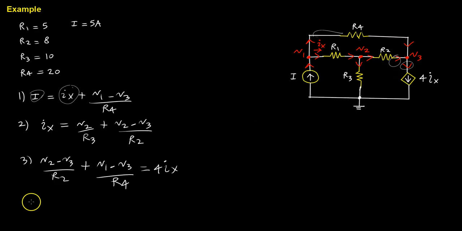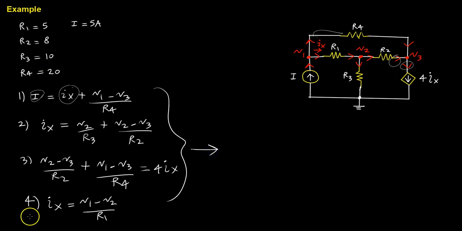So what we can do is say that our fourth equation is Ix is equal to (V1 minus V2) over R1. And if we plug this back into the rest of these equations, we would be able to obtain what we need to then plug into a matrix.